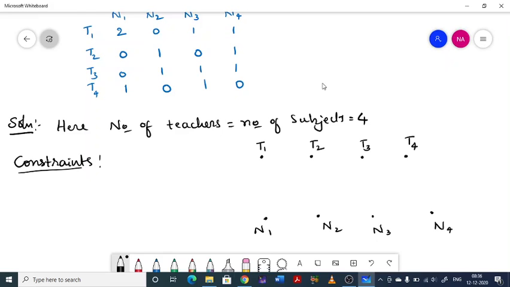Now T1 is mapped to N1 twice, so there must be 2 edges between T1 and N1. Next, T1 is mapped to N3. T1 ಇಂದ N2 ಗೆ ಯಾವುದೇ ಎಡ್ಜ್ ಇಲ್ಲ. T1 ಇಂದ N3.